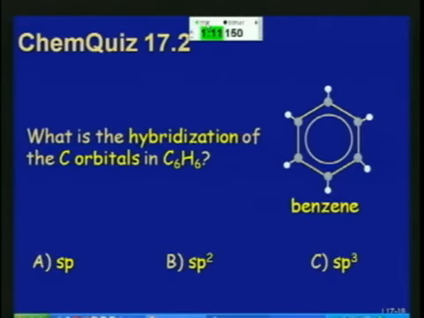The first thing is you need to think, what's the bond angle here? Think of the bond angle.